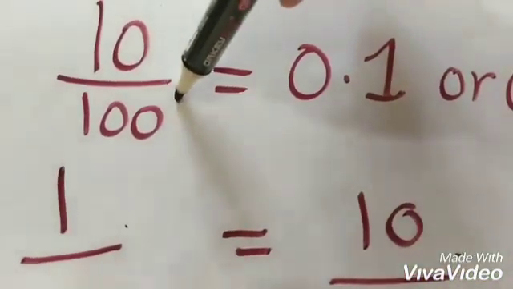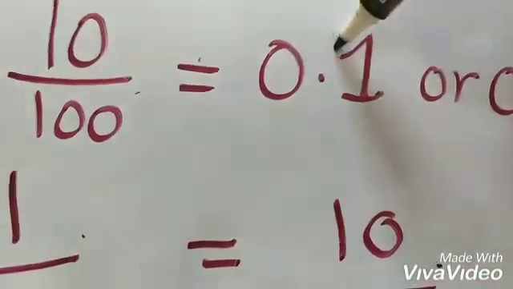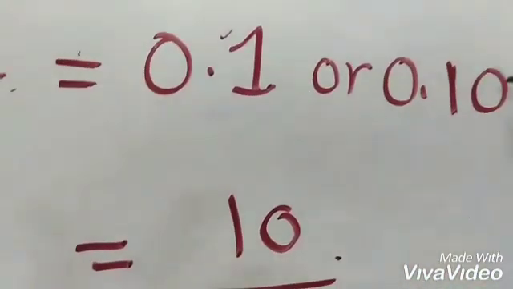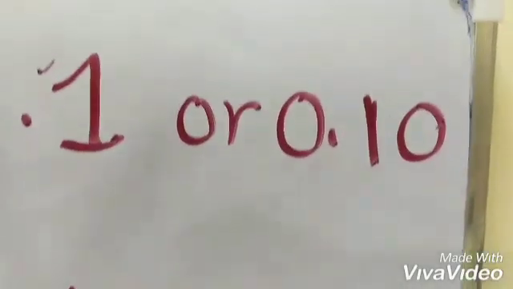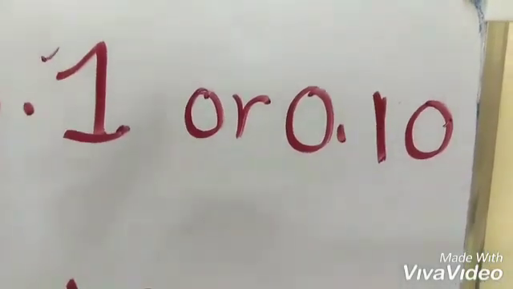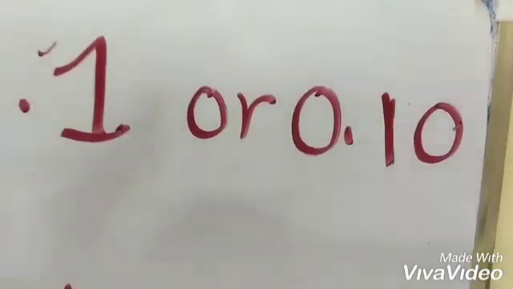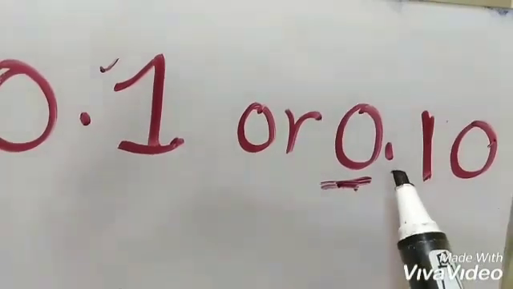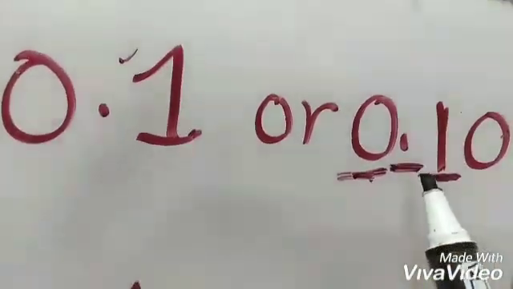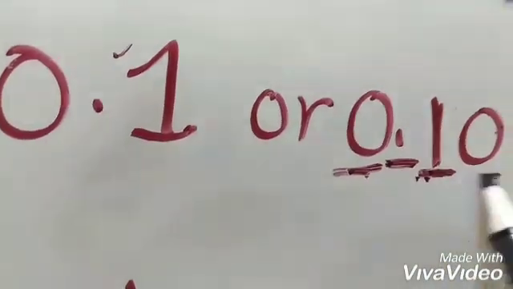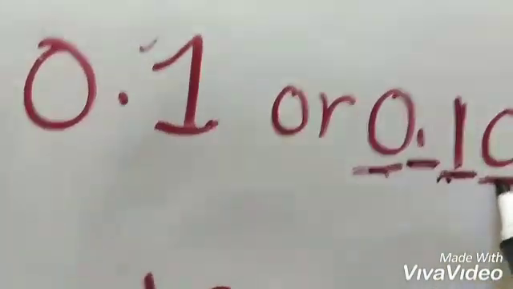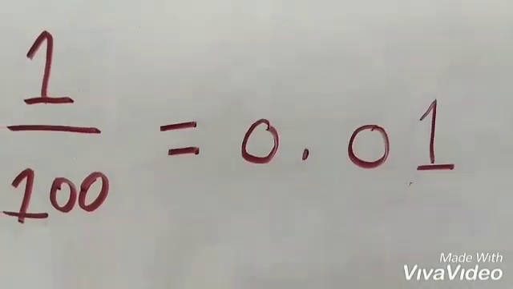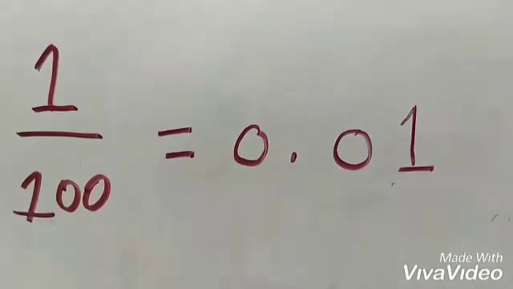So 10 hundredths equals 0.1 or 0.10. We added this 0 because we said that on the place value chart this 0 is for the unit or the ones place. And this is the decimal point, this is the tenths value, and this is the hundredths value. The fraction 1/100th can be written using decimals as 0.01.